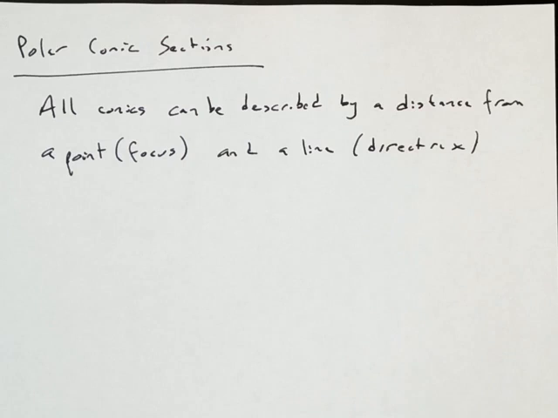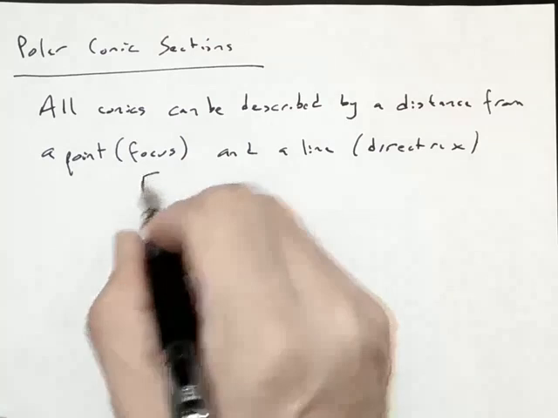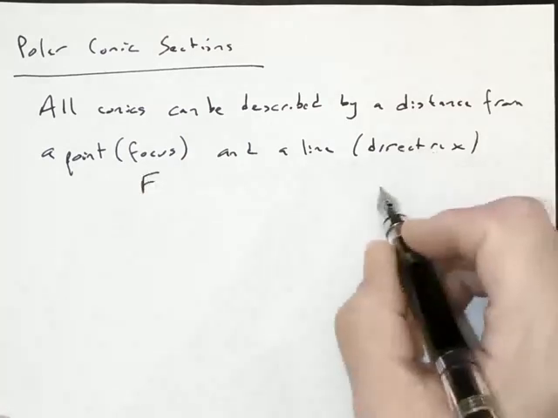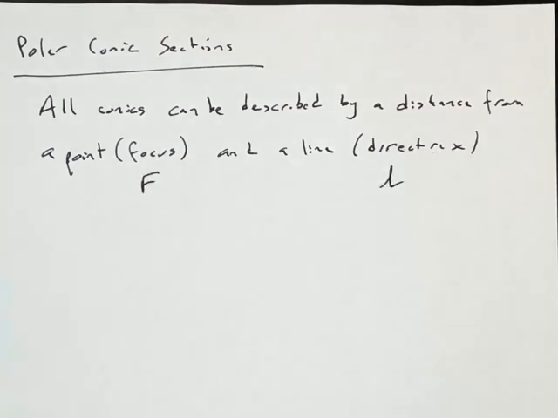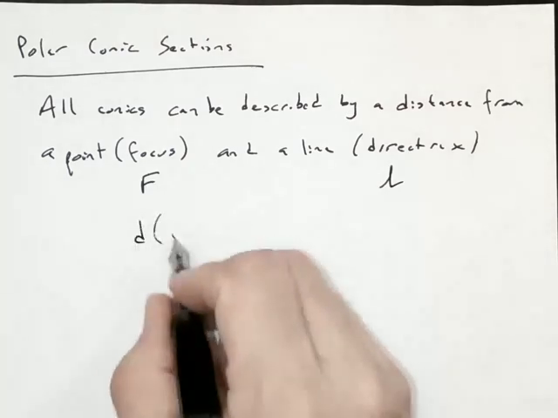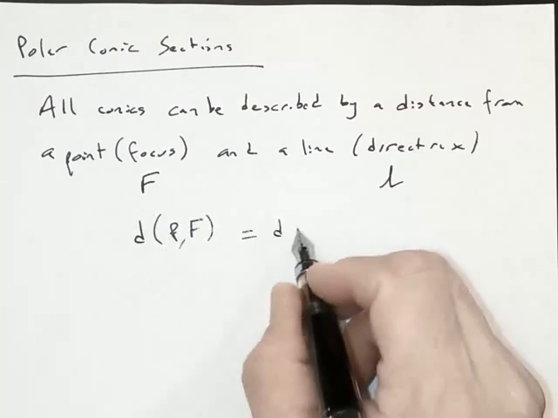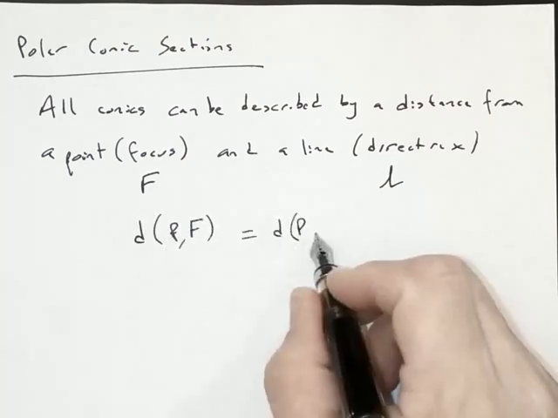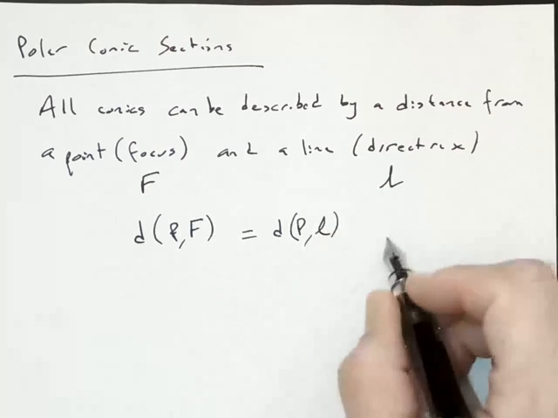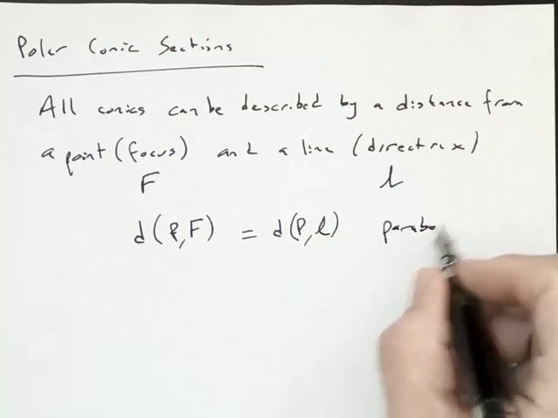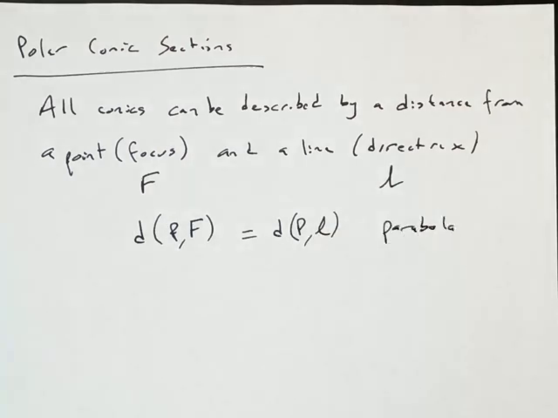So if we were to say that our focus is F and our line for our directrix is L, then the distance from any point on the graph to the focus compared to the distance from the point to the line is equal in a parabola.